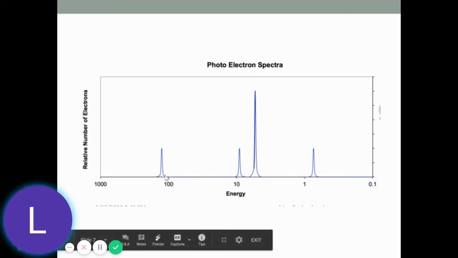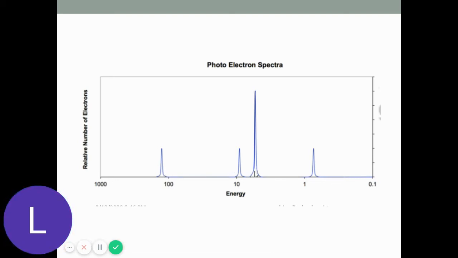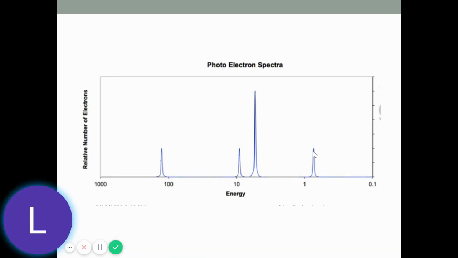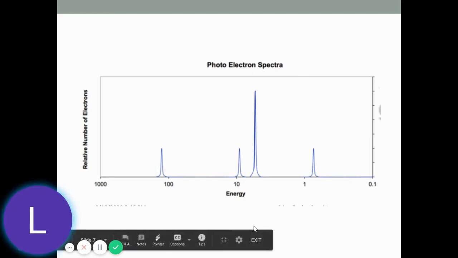So far our electron configuration would be 1s2, 2s2, 2p6. After 2p6 would come 3s, and we notice that it's the same height as the other two. So this is our 3s2. So the atom that is depicted here must be magnesium.